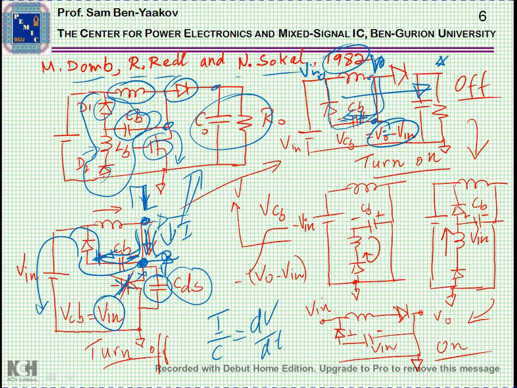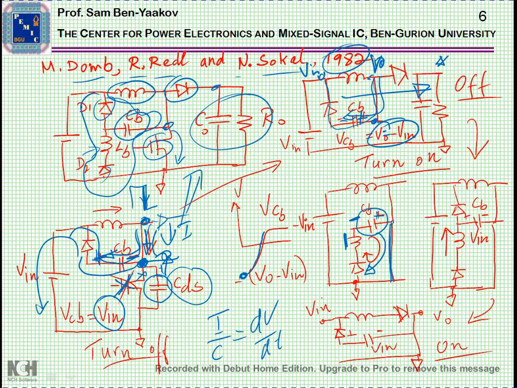Now we're coming to turn on. Turn on means that the transistor starts to conduct, and I'm showing here that we have a short. When we have a short, this capacitor is charged. There is an inductor here, a snubbing inductor, and a diode, and consequently we have a resonant circuit which is generating a sinusoidal wave, and the capacitor is starting with a certain voltage, minus plus here.